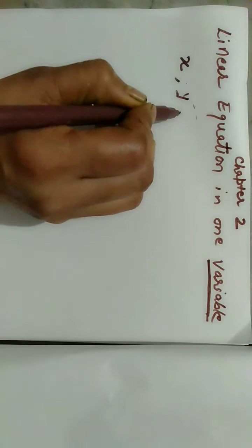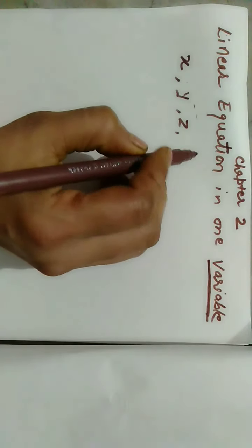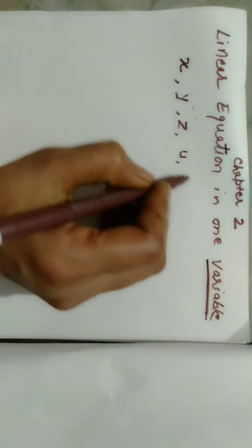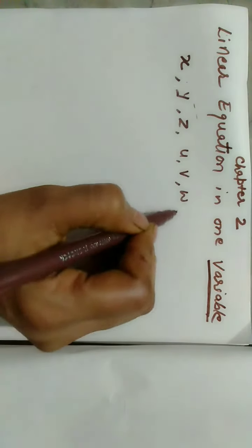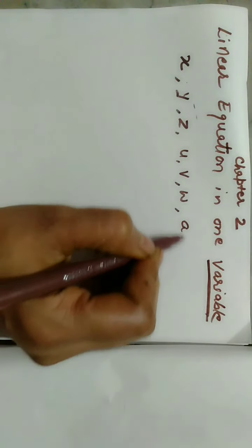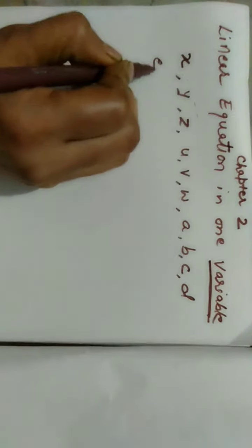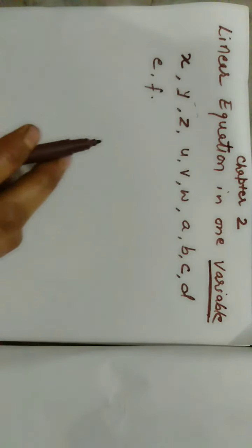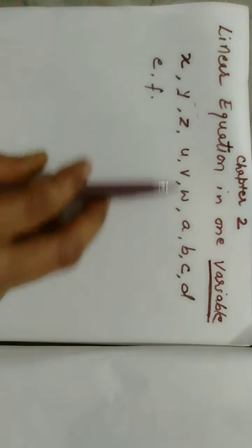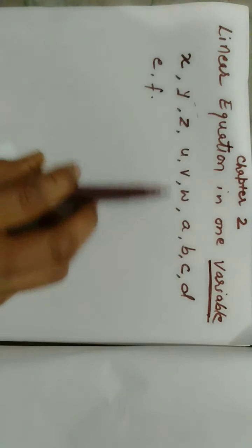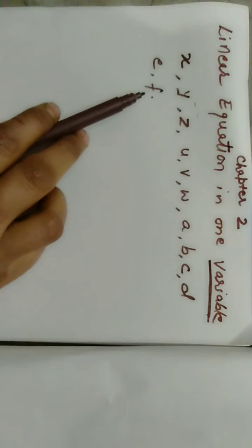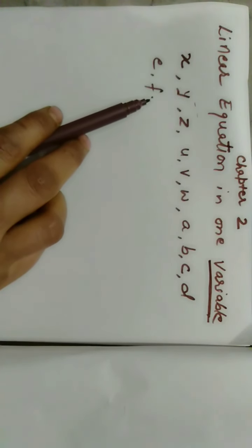Generally we express the variable with alphabets such as x, y, z, u, v, w and a, b, c, d, e, f, and any alphabet you can use, must be in small letters. These small letters are representing the variable, the value which is not constant.